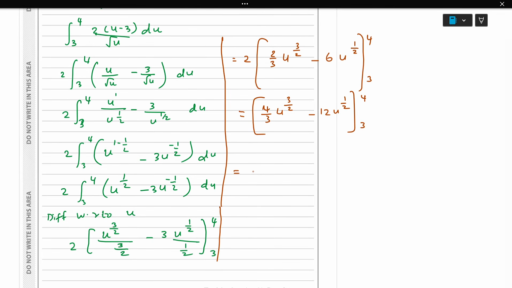First we need to go for the upper limit. We have to substitute 4 inside, so 4 by 3 into, instead of u we put 4 power 3 by 2, minus 12 into 4 power 1 by 2.